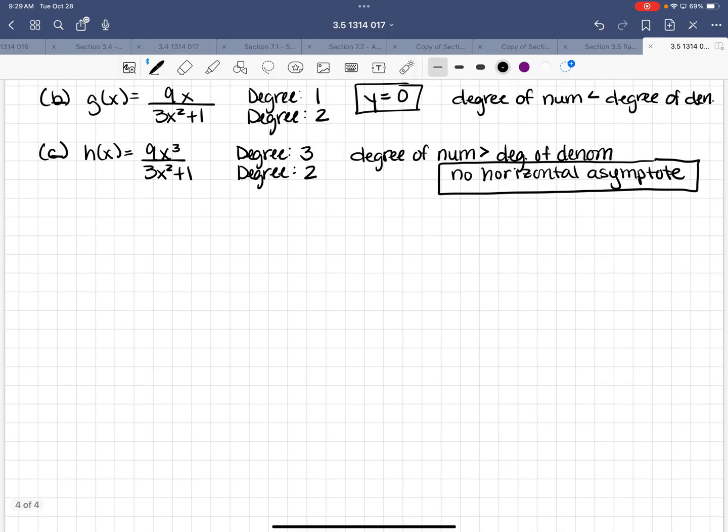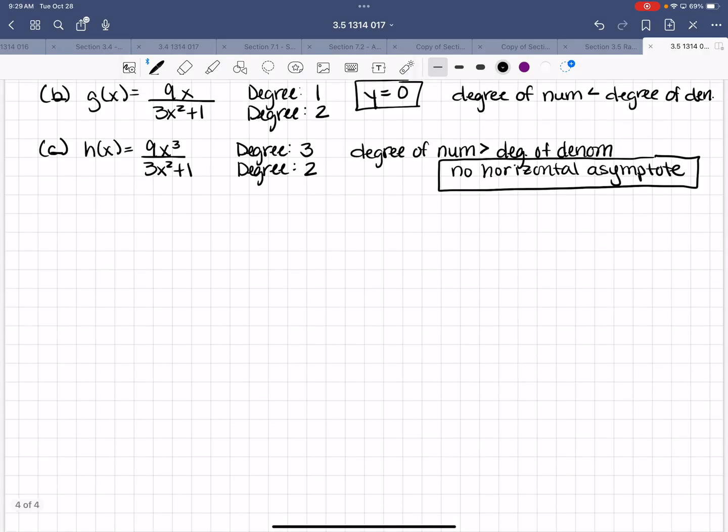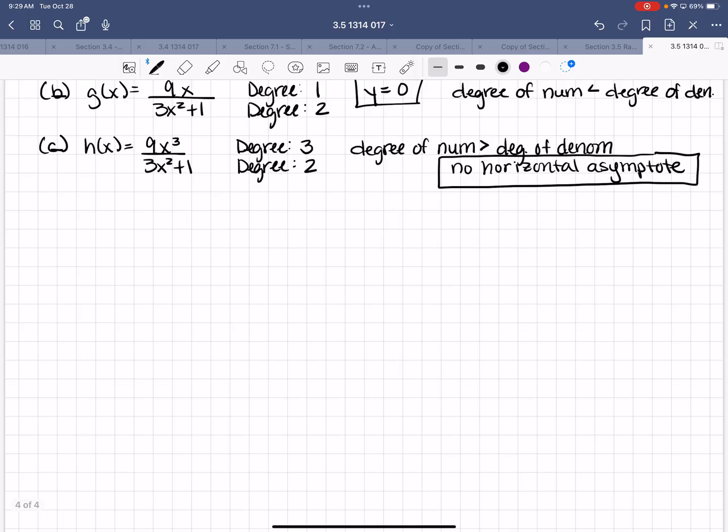Let me talk about a slant asymptote real quick, and then we'll look at graphing after the slant asymptote, and that'll finish up the notes. But let's talk about a slant first. Slant asymptotes have to do with the degrees, just like horizontal ones did. They follow along with them, kind of like how the holes are a little add-in to the vertical asymptotes.